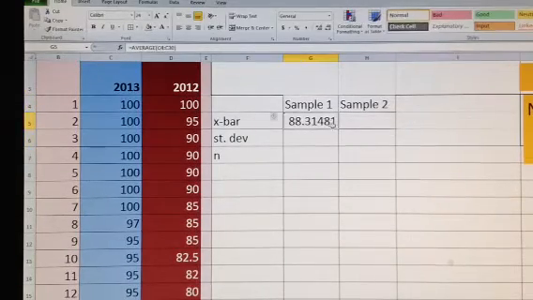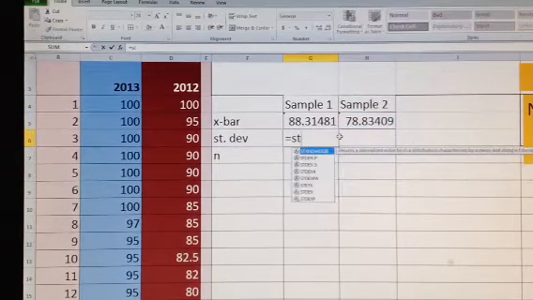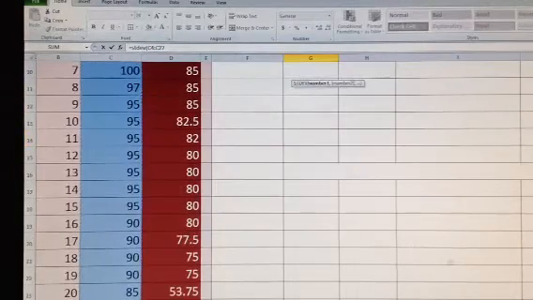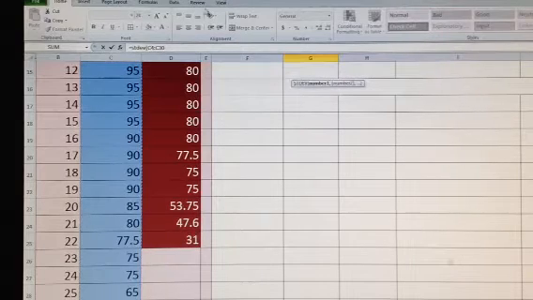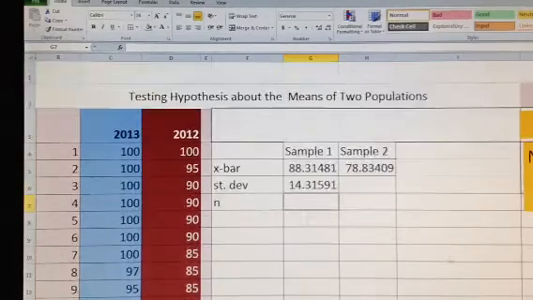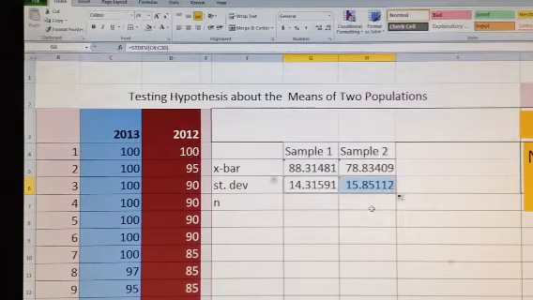And I will copy this formula for the second sample. Excel is smart. And then equals standard deviation. You know this simple formula. Again, I will select the range C4 to C30, and copy the standard deviation for the second sample.